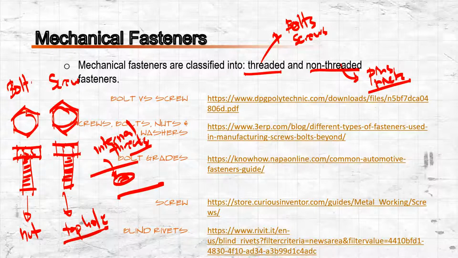Now, some screws might have the same geometry as a bolt, so it is also possible that some screws may be mated with a nut. But the actual function of a bolt is to mate with a nut, and for a screw, to mate with a tapped hole.